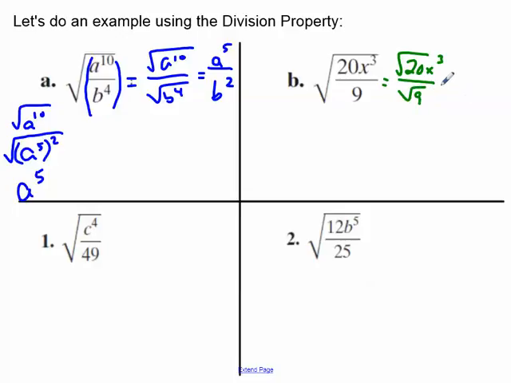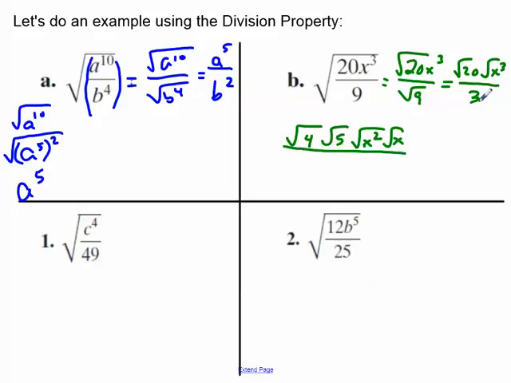Alright, sounds easy enough. That's our first step, separate and conquer. Square root 20, square root x cubed over square root 9, 3. Square root 20 is square root 4, square root 5. Square root x cubed is square root x squared, square root x, all over the same denominator, 3.